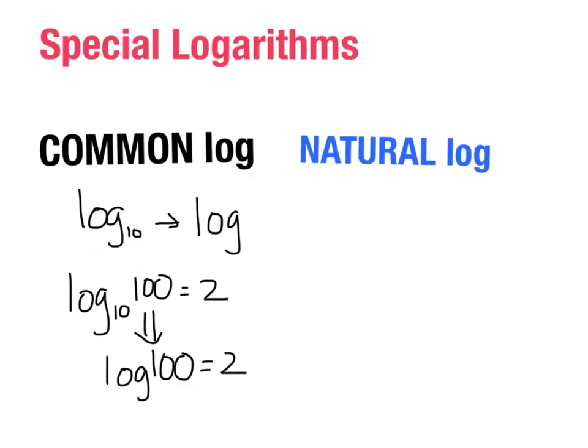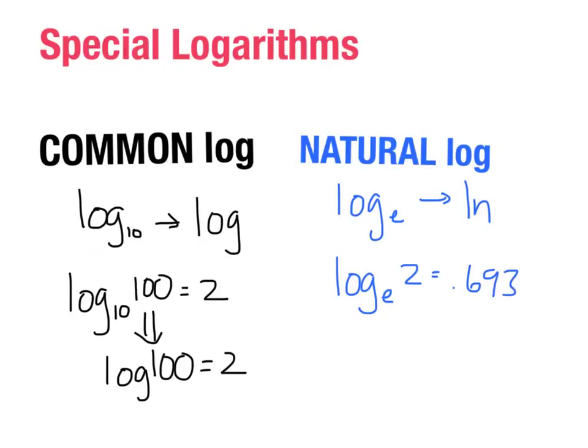The natural log is if you have log base e. A log base e we just write as ln. Log base e occurs so often that we just call it the natural log, because it has a natural base. The natural base is e, and that's what we talked about when we did exponential functions. So you might have log base e of 2 equals 0.693, which means e to the 0.693 equals 2.